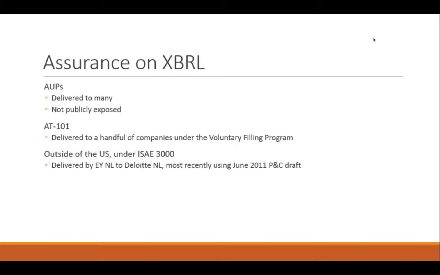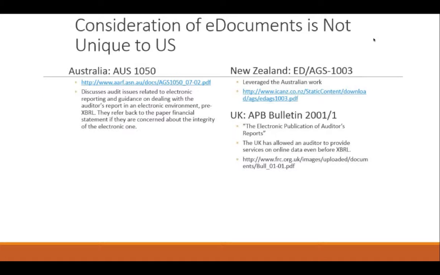So here it shows that many assurances have been delivered on XBRL, both inside the US and outside the US. For example, in Australia, New Zealand, and the UK, they have also required assurance on XBRL documents.